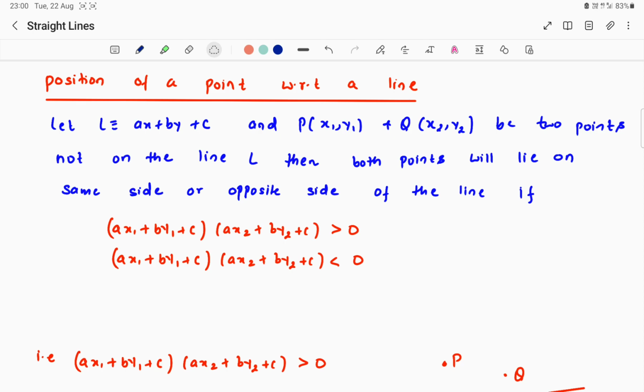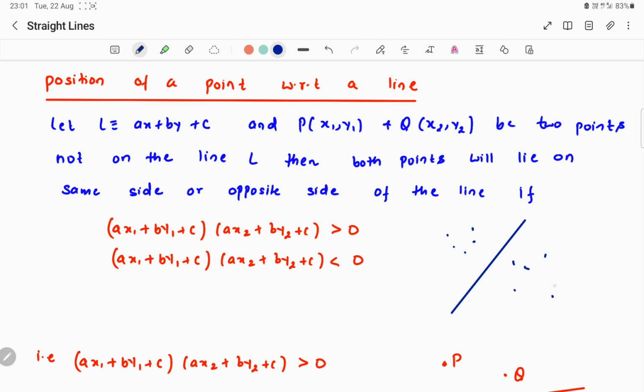In this lecture, we will be discussing a few more detailed concepts, that is, the position of a point with respect to a line. If you are done with the chapter on linear inequalities, what you would have come across is that if you take this line, there are three regions.